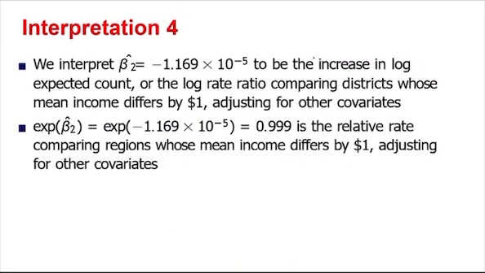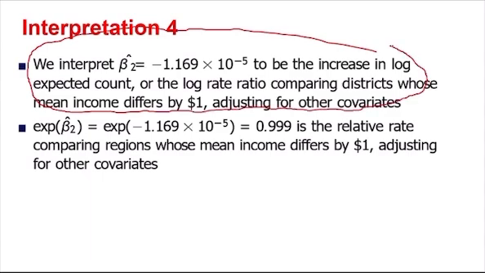Okay, now I'm going to continue with the interpretation. I need you to pay attention. This is the second one, the one that has to do with income. Now, the beta 2, don't forget that from a Poisson regression model, the output is in logarithmic scale.